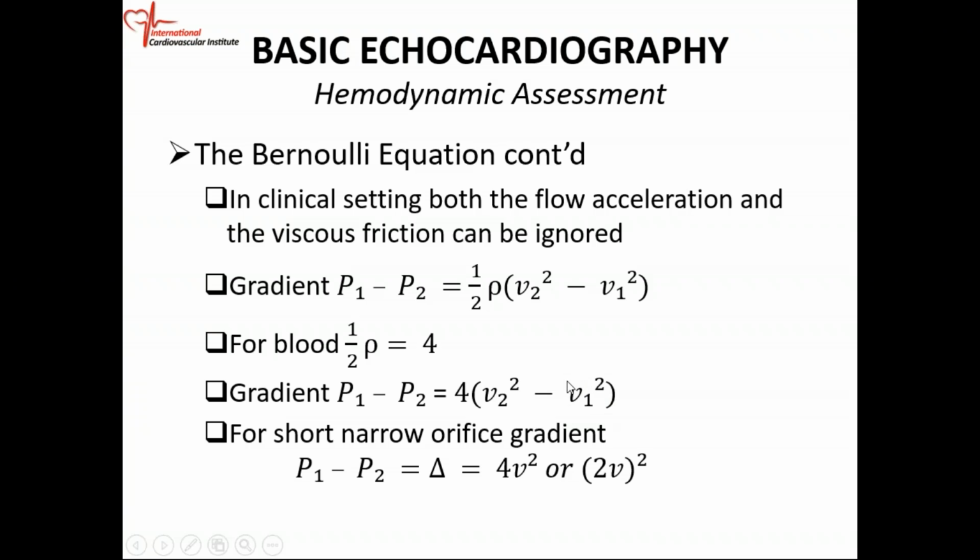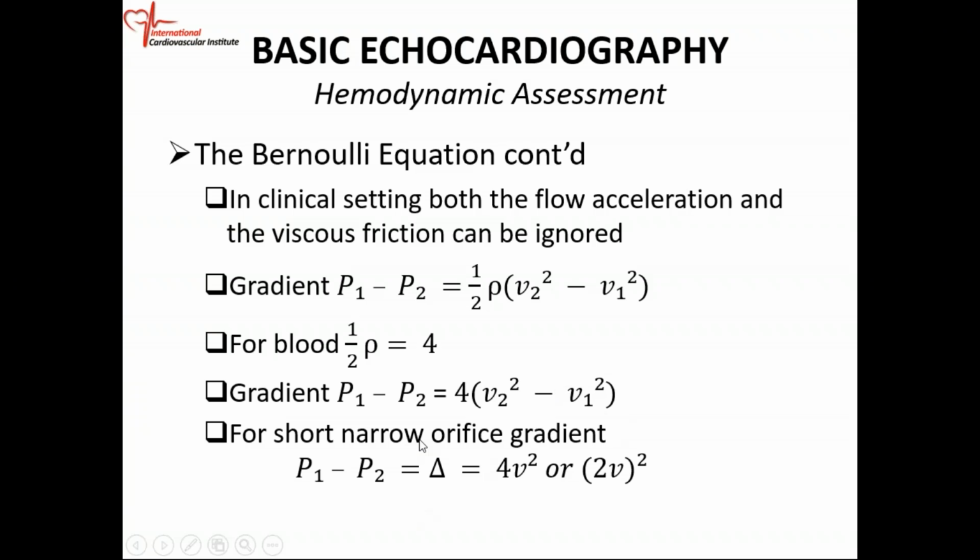So the pressure gradient, for which we use this symbol, is equal to 4V squared.